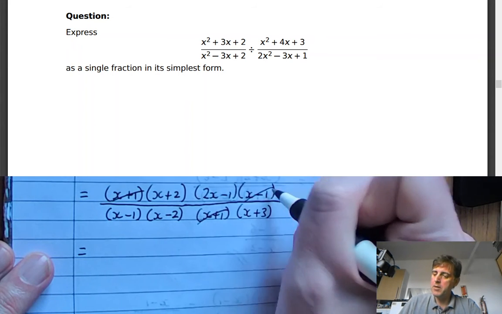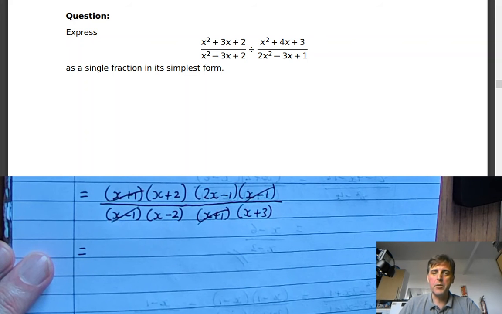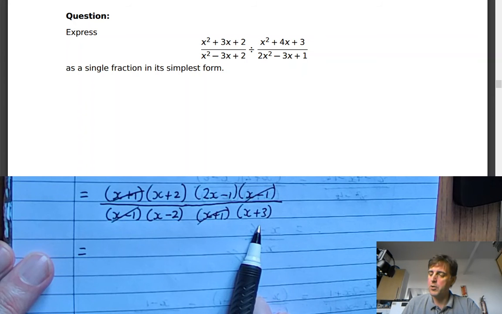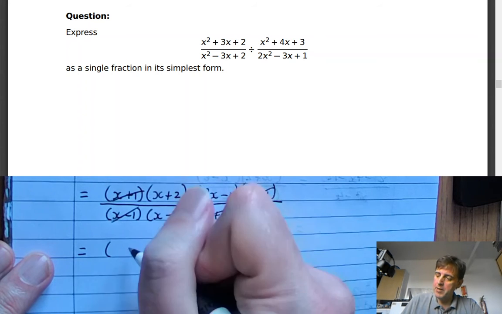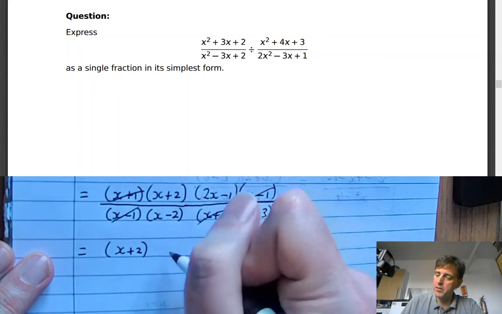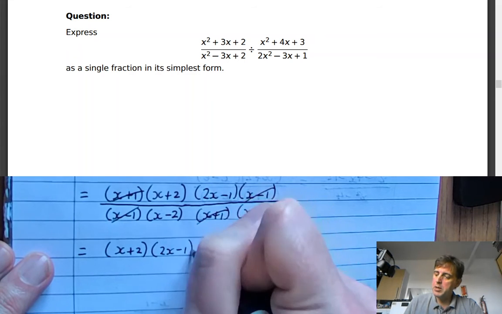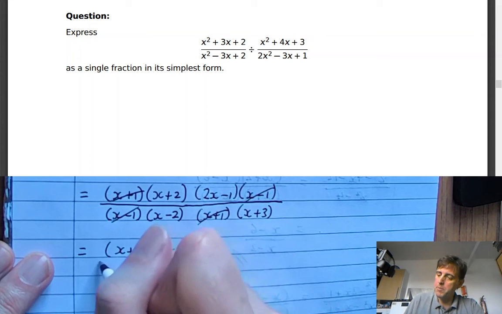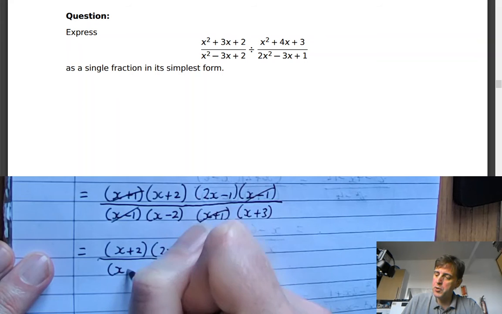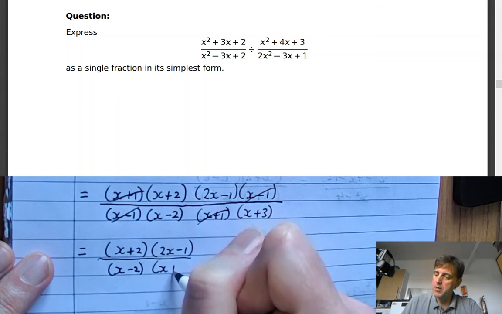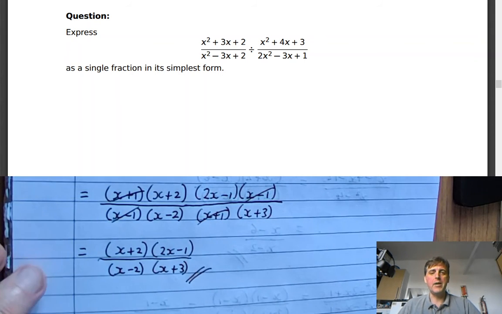So divide by x minus 1 on the top and bottom, they're going to go as well. I'm pretty sure, looking at what I've got left, that I don't have any other common factors which I can cancel. So let's just write down now the answer, the simplified answer, which must be x plus 2 times 2x minus 1 on the top, and x minus 2 times x plus 3 on the bottom, and that's as simple as I'm going to get it.